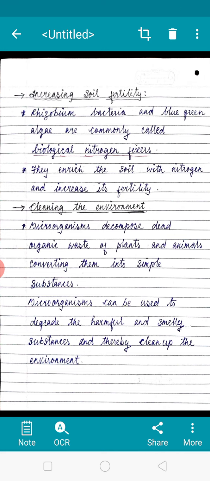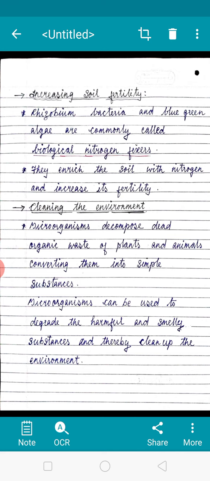Some bacteria and blue-green algae are able to fix nitrogen from the atmosphere to enrich soil with nitrogen and increase its fertility. That means some microorganisms like bacteria and blue-green algae help in fixing atmospheric nitrogen. In that way, it increases the soil fertility. And these microbes are commonly called biological nitrogen fixers.